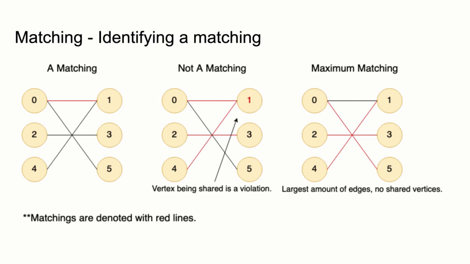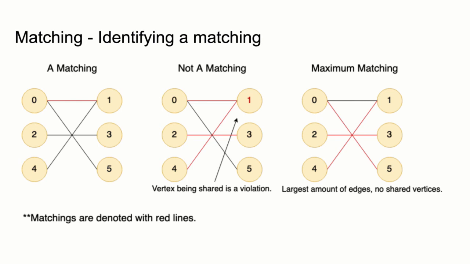vertex. In the next center diagram, you can see that when we add the edge 1 to 4 to the quote-unquote matching that we had previously, it becomes not a matching because now the edges share a common vertex. At this point, this is just a set of edges. It's not a matching. Now you can see here at the end, we have a maximum matching.